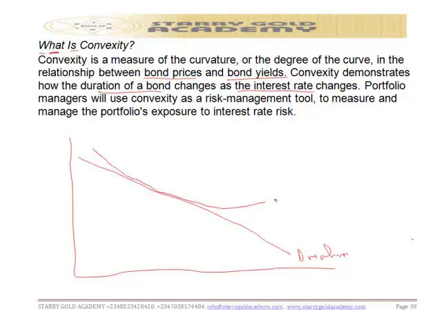We call this one bond B. Another bond also tangent to the duration, we call it bond A. Now, this is the yield curve, and this is the bond price.